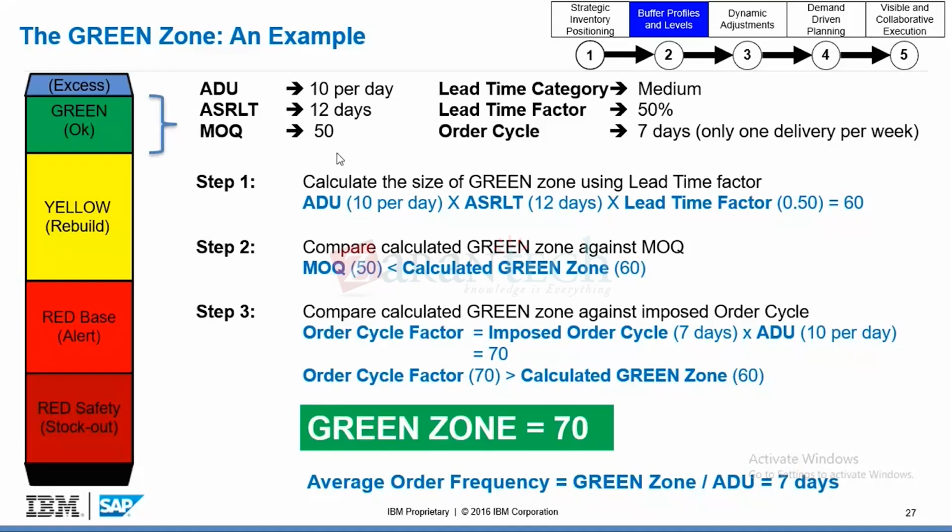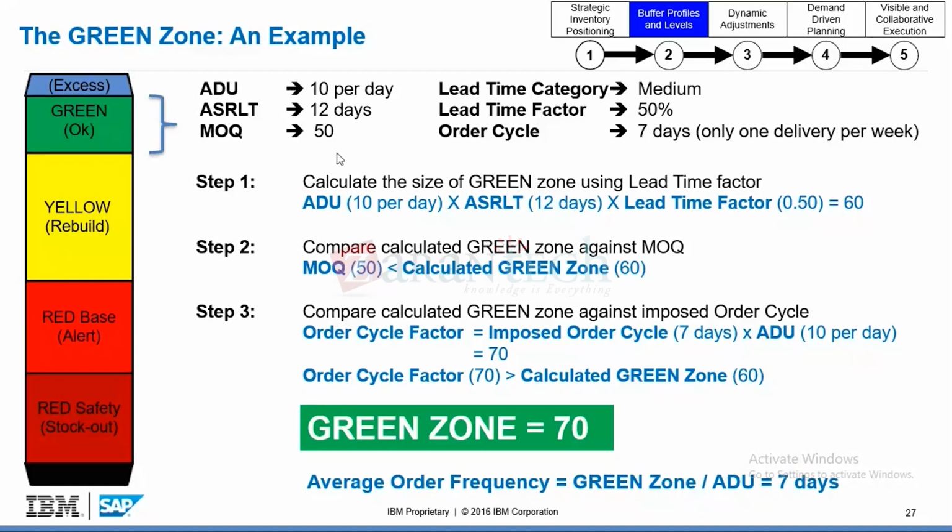Third step, compare the calculated green zone against the imposed order cycle. Now, order cycle is 7 days and average daily usage is 10 per day. So the order cycle factor is 70. The order cycle factor is more than the green zone. So the highest of these three will be the width of the green zone.